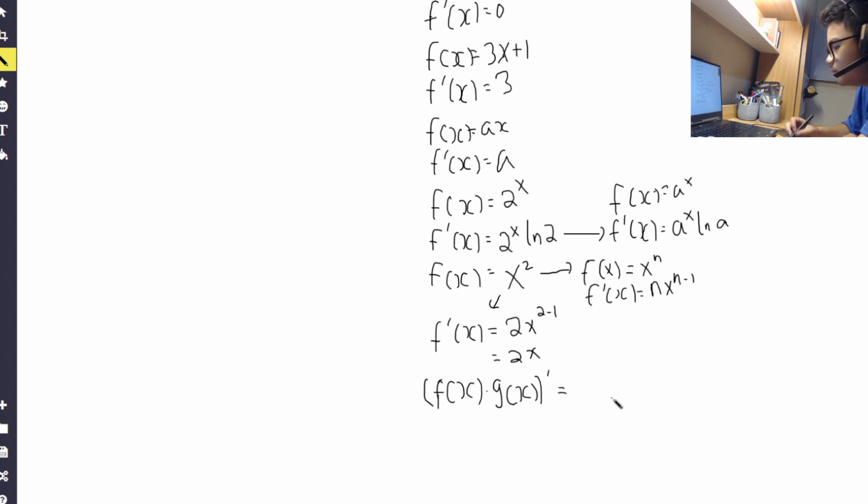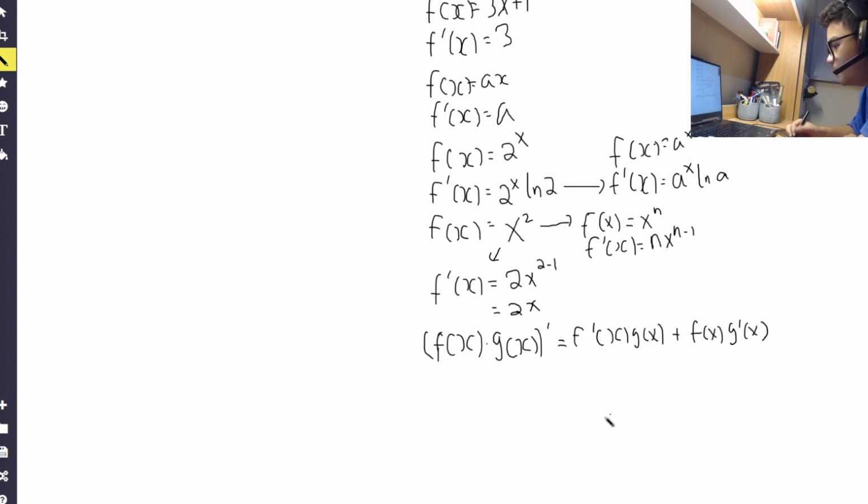It's going to be f prime of x times g of x plus f of x times g prime of x. That's the product rule.